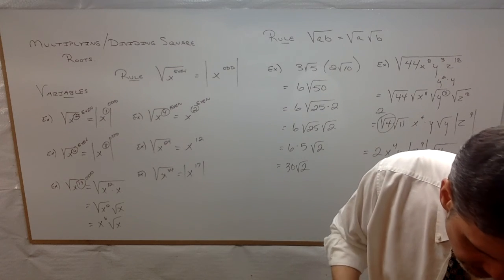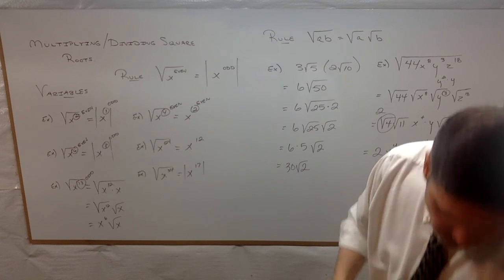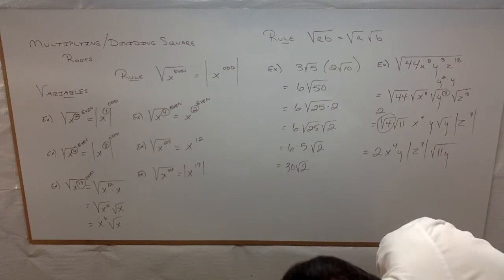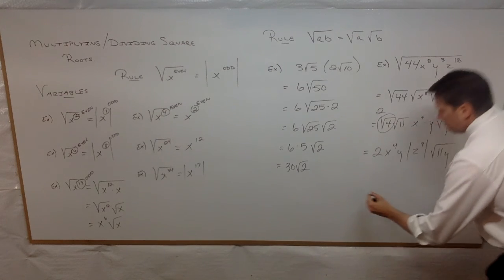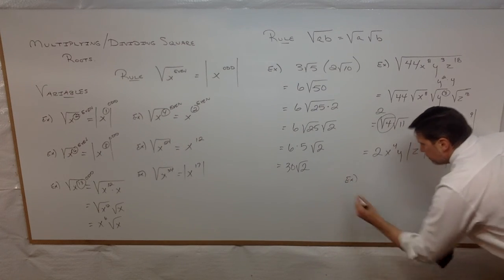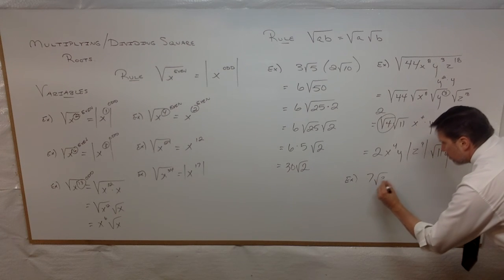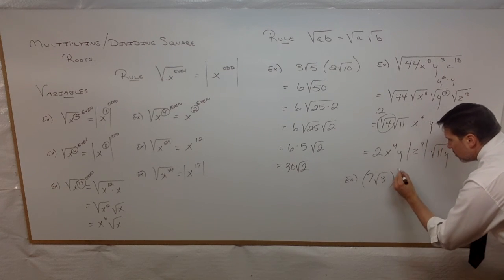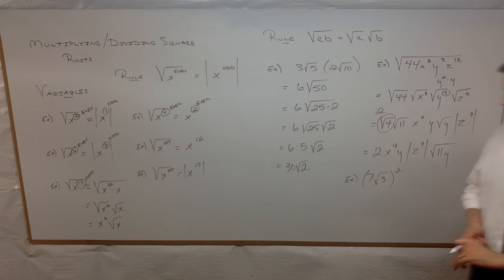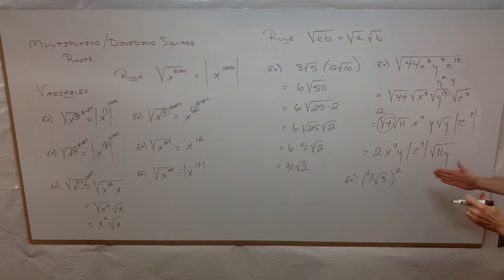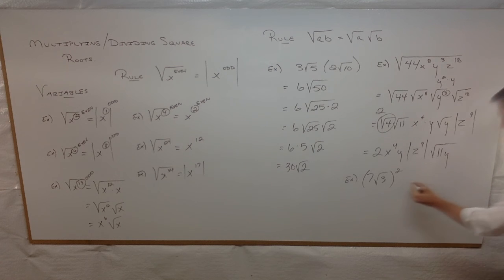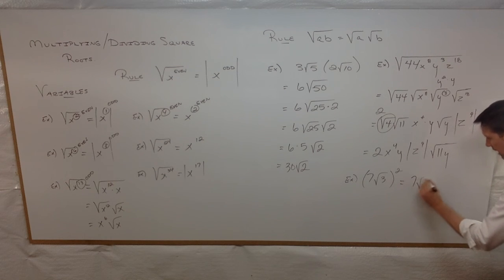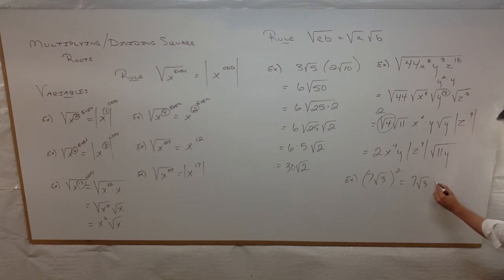Anything else? We could try one more, just that seems to bother people. Say we had 7 square root of 3 to the second power. Now, understand how we do this. We just have to interpret what taking something to the second power is. It just means multiplying it by itself. So 7 square root of 3 times another 7 square root of 3.